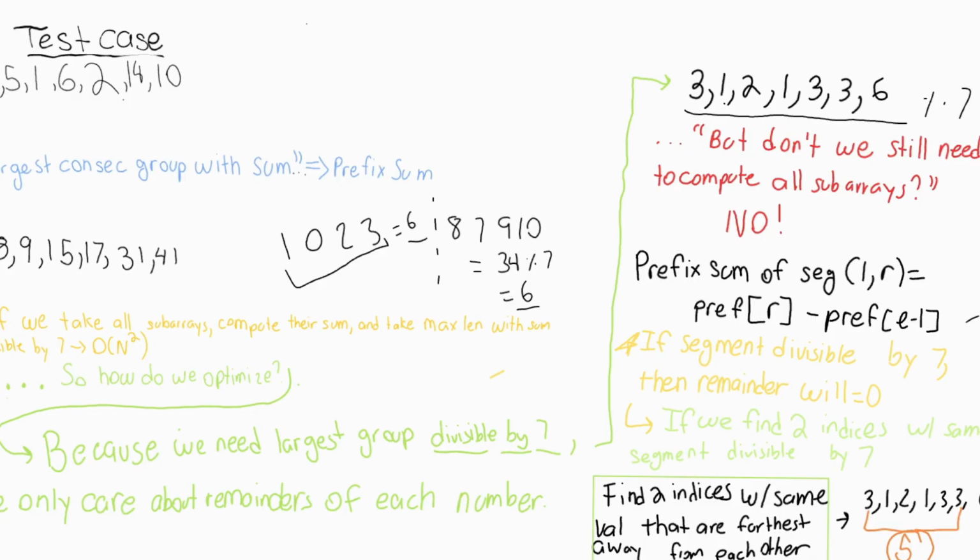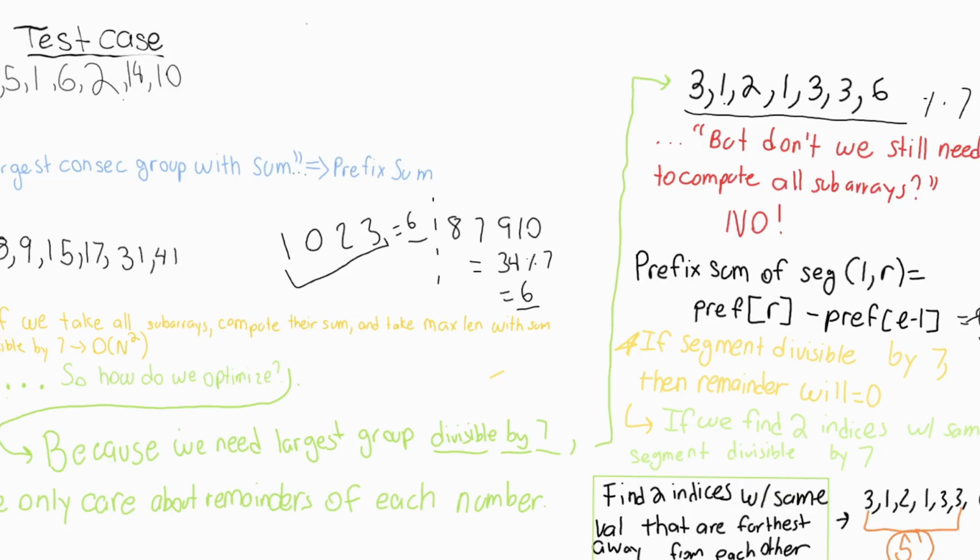So, what does this give us? Well, if the segment is divisible by 7, then the remainder will be 0. So, if we find two indices with the same value, the segment will be divisible by 7 because pref R minus pref L minus 1 will equal 0 in that case.